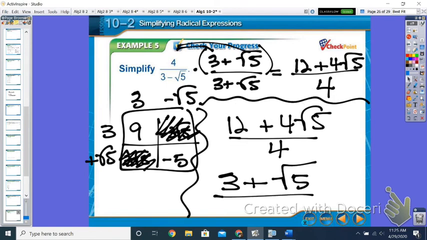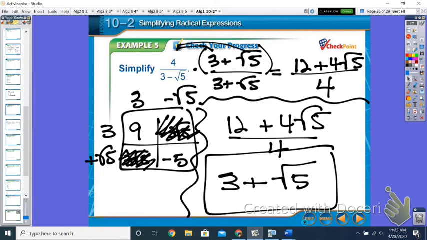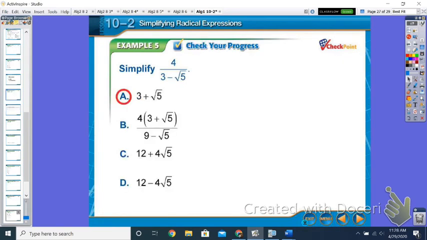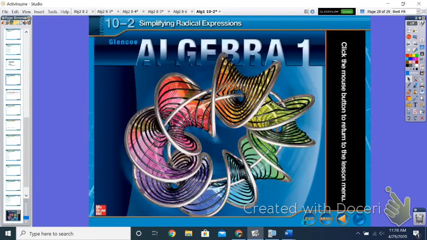And then 4 divided by 4 in the denominator is just 1, which means I don't even need to write it. There's our answer: 3 plus square root of 5. Because it was that over 1, which means it's just that, basically. Multiplying by the conjugate. 3 plus square root of 5.